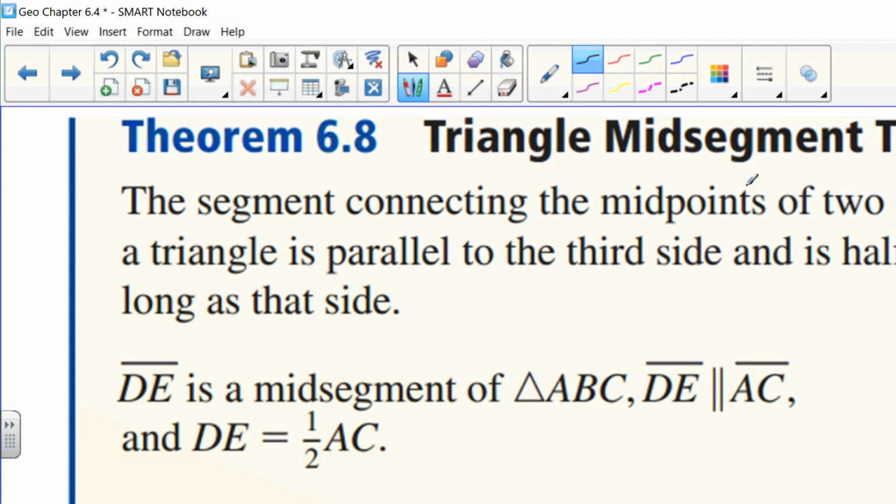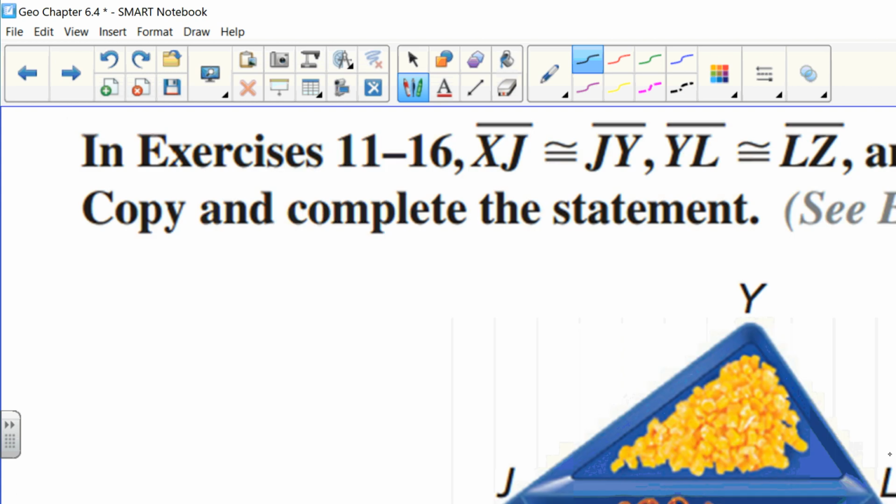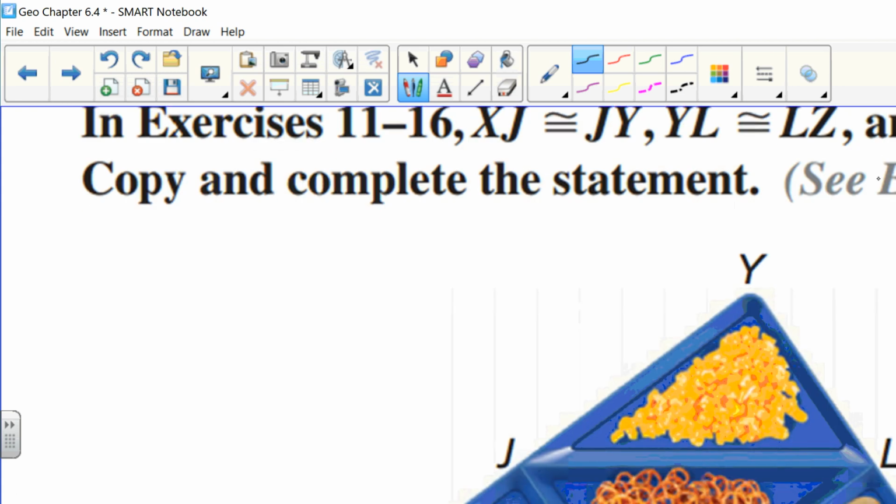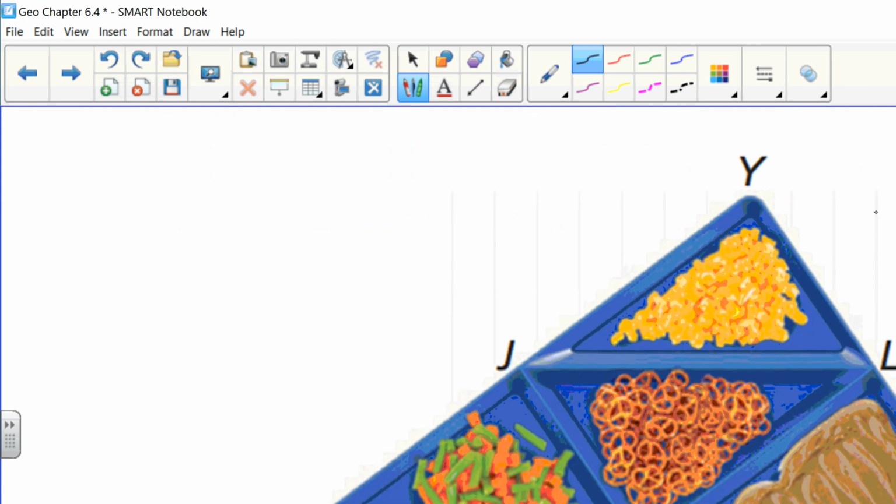If we take the third side and multiply it by 1/2, we get the mid-segment. But if we want the third side, we would take the mid-segment and multiply it by what? 2. Because the third side is equal to twice the mid-segment, or the mid-segment is equal to half of the third side.